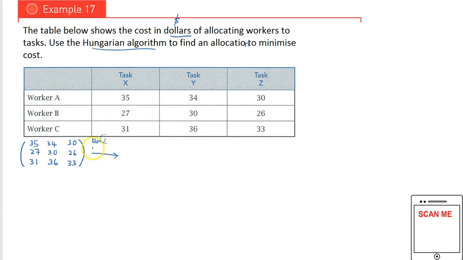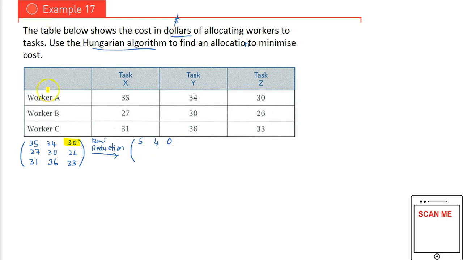Okay, next step, start with step 1, row reduction. So what is the row reduction? In each row, choose the smallest number. For example, first row 35, 34, 30, the smallest number is 30. Every element in the first row, you are going to minus 30. 35 minus 30, 5. 34 minus 30, 4. 30 minus 30, 0.